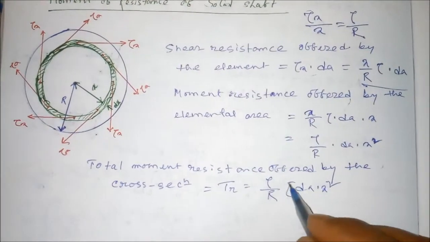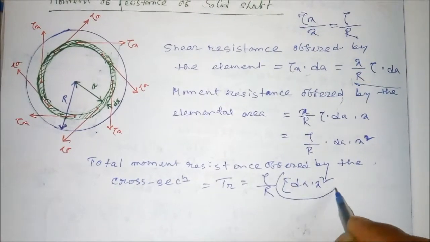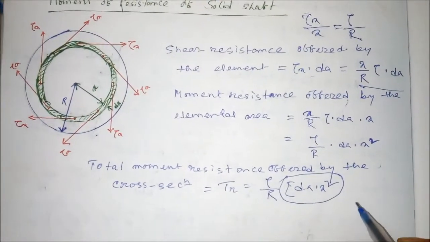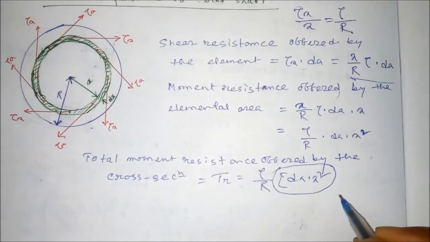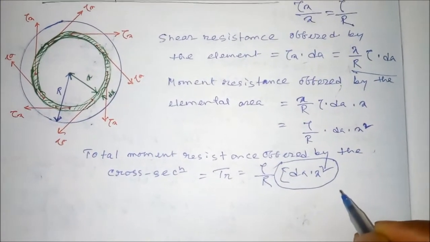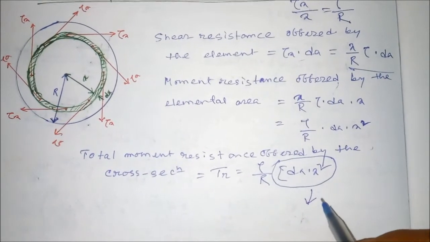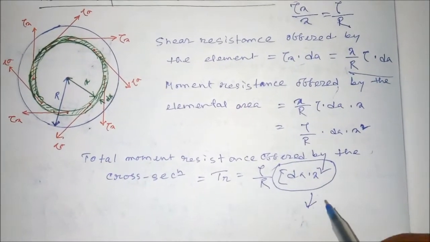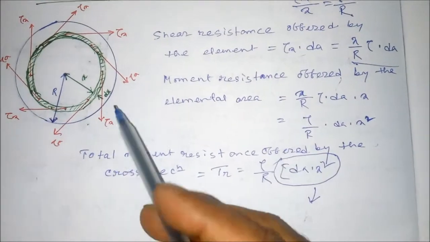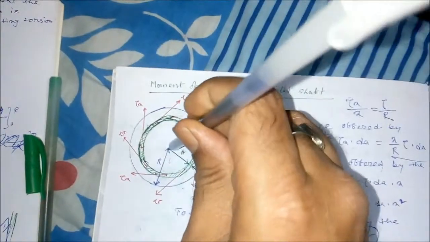But this part basically represents the moment of inertia, right? What kind of moment of inertia? The moment of inertia of the section of the shaft about the axis, right? About the axis means this.